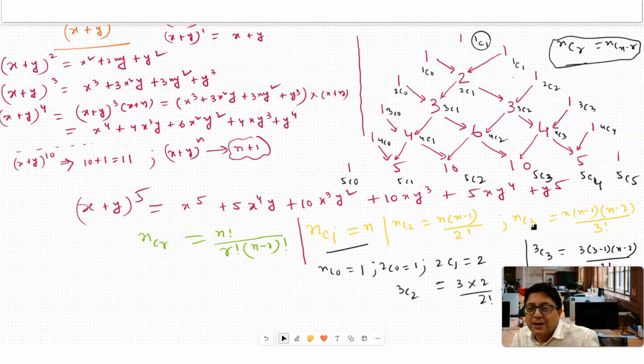Isn't it? So all the coefficients can nicely be written with the help of this combinatorics formula also, nCr.